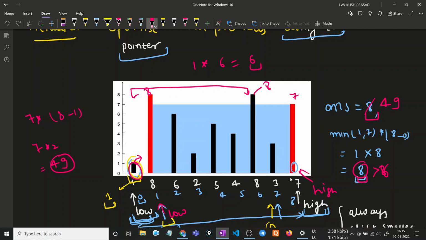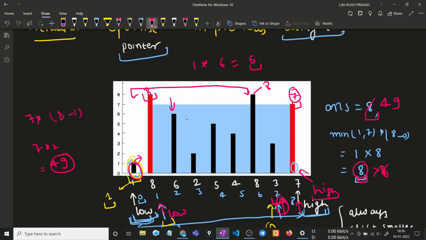And after that, here the minimum is 7, so we have to shift the high pointer to the left side, from here to here. So now high is pointing to index 7. Suppose we don't shift the high pointer this way but shift the low pointer instead, then our answer would be reduced.